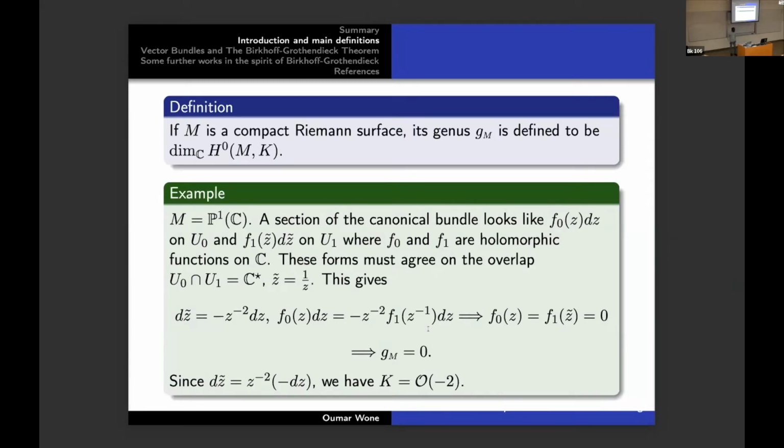Now, let us introduce the notion of genus of a compact Riemann surface.